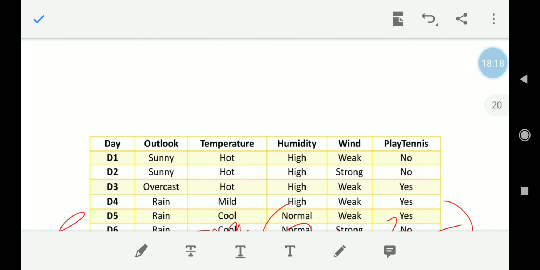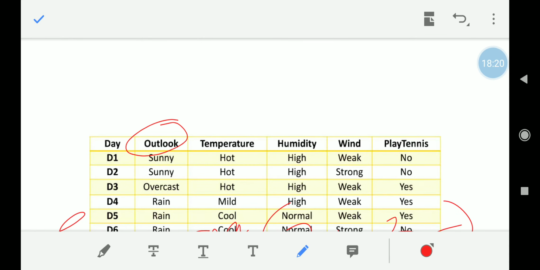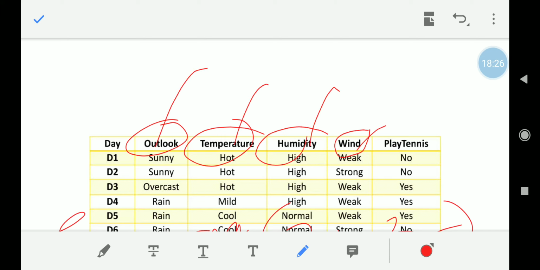Now we calculated for wind. Like that you have to calculate for humidity, temperature and outlook, because you have to take one of the attributes as the first root node. To take one attribute as root node, we have to calculate the gain. We have calculated for wind now. Same thing you have to do for humidity, temperature and outlook.